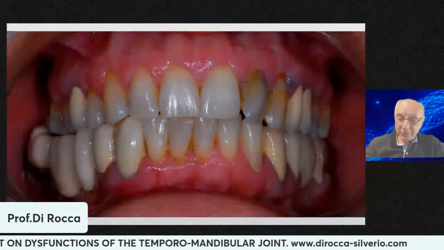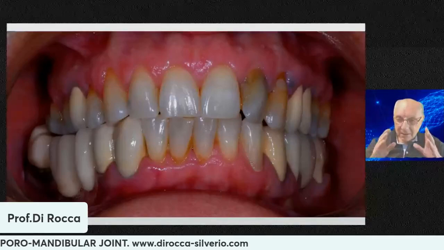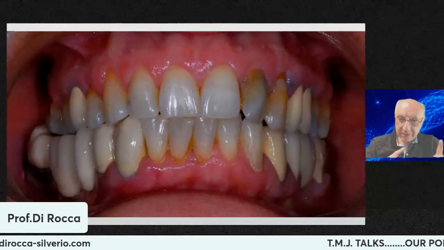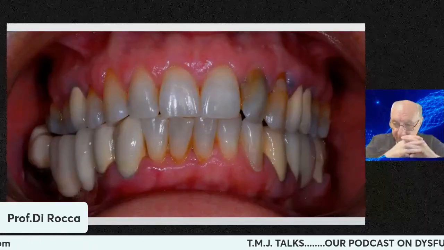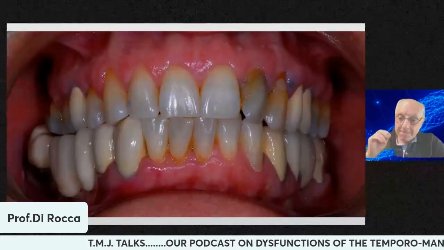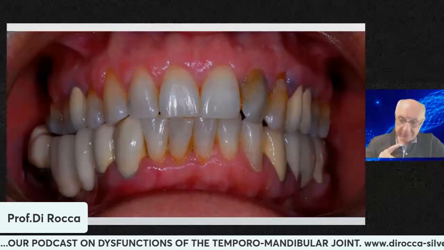And occlusion. That's an important topic. The wrong jaw position is blocked by the occlusion, blocking that traumatic position.